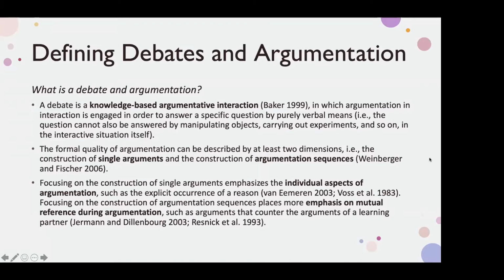This is the fun part where you want to look at the mechanism, focusing on how these sequences are constructed, and the emphasis on how mutual references are made during argumentation, and then, of course, how counter arguments are made with the learning partner or partners.